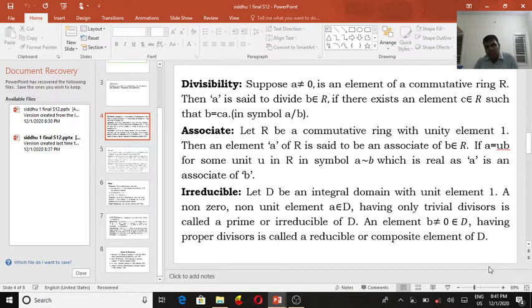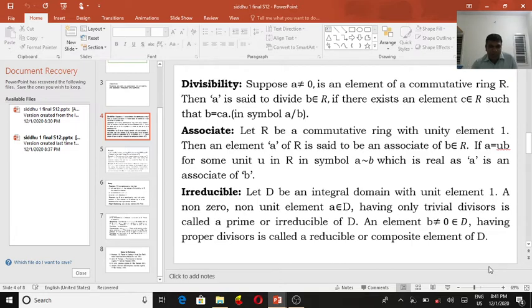Now we come to the definition of irreducibility. What is the meaning of irreducibility? Suppose we take D to be an integral domain. We already know what integral domains are from previous sessions. Take an integral domain with unit element 1.